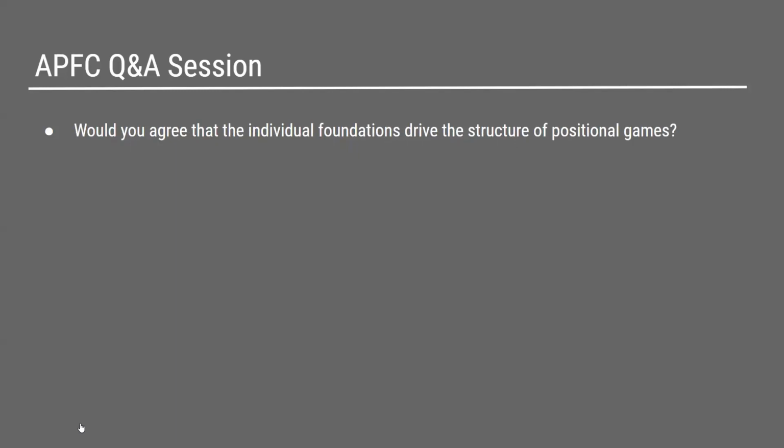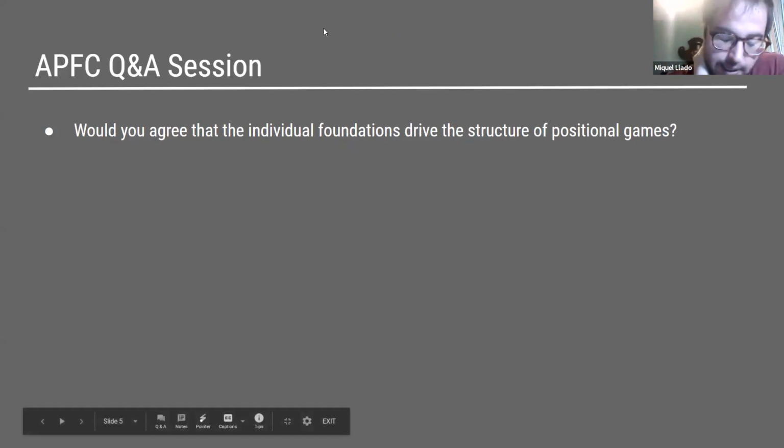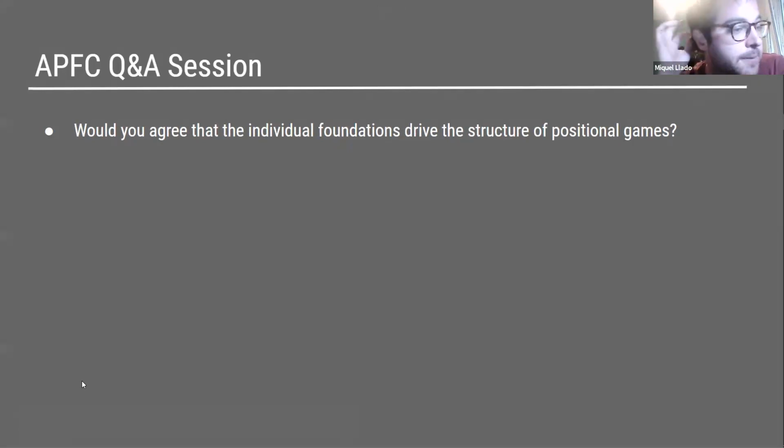So, next question, and maybe we've touched on it before, so maybe I've spent too much time on this one, but individual foundations and their role in the structure of the positional games. Well, positional games, as we said in previous webinars, as a drill, are designed to make the attacking team keep the ball, because we can also add goalposts, but it's not the usual thing to do.